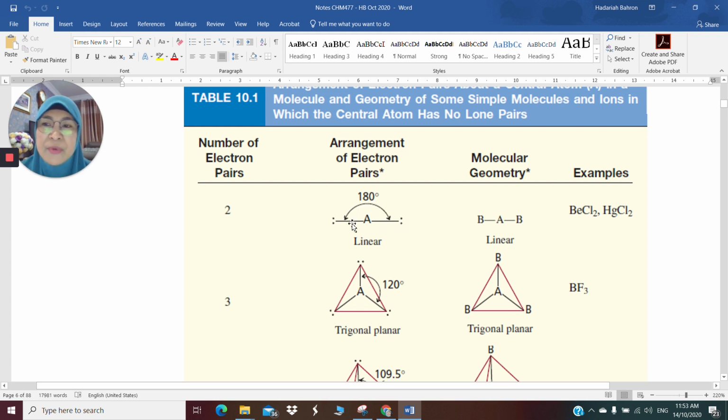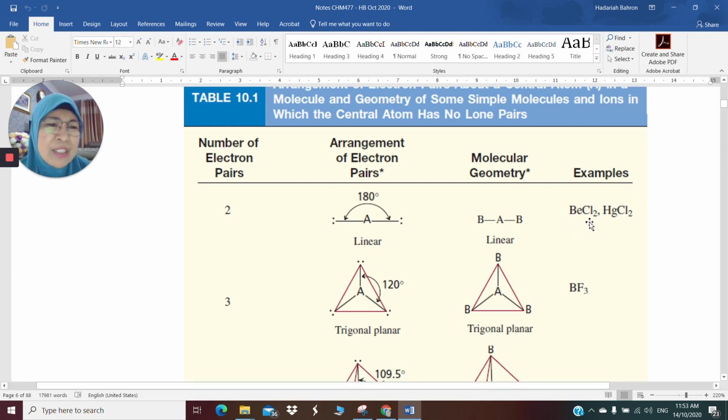In this case, the furthest apart two bonds can be from each other is 180 degrees. So that is why this molecule is linear, because this bond is 180 degrees away from that bond. So you have a linear molecular geometry. That is very simple to understand. The example would be beryllium dichloride or mercury dichloride.